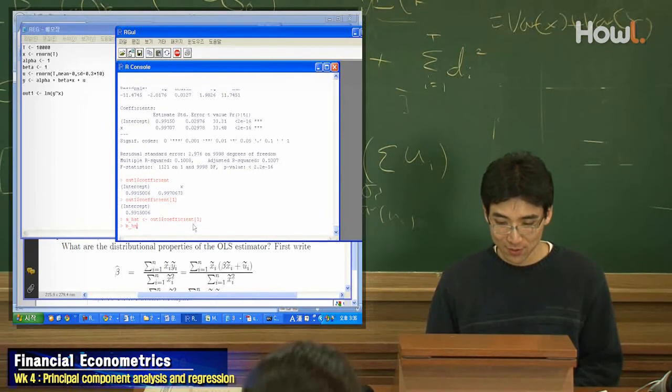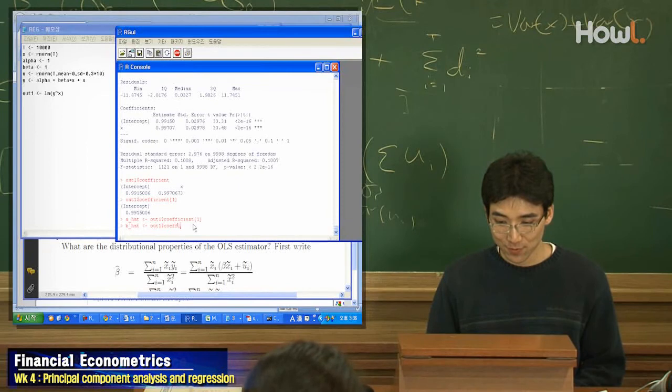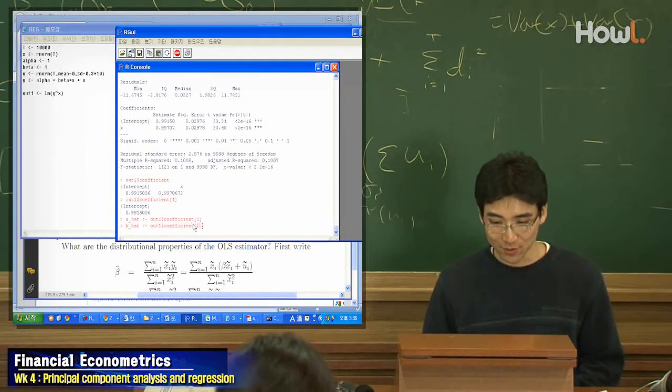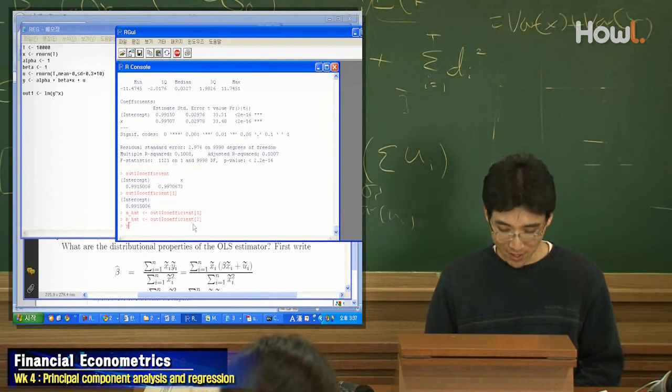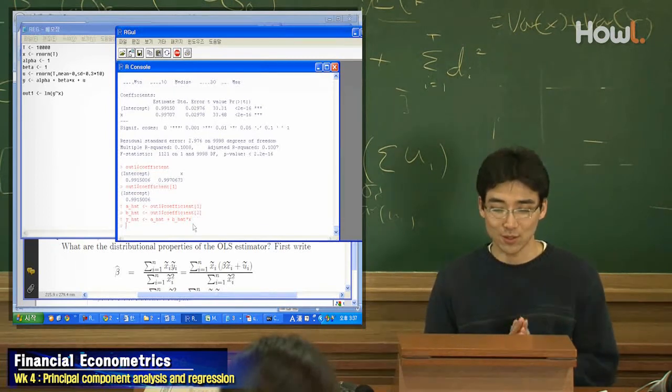Okay, b hat is out 1, the second element. So our y hat is a hat plus b hat multiplied by x, right? So it is our estimate.